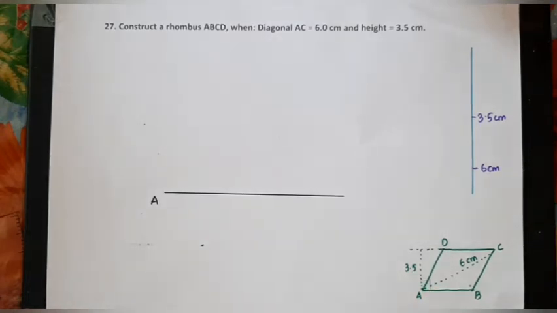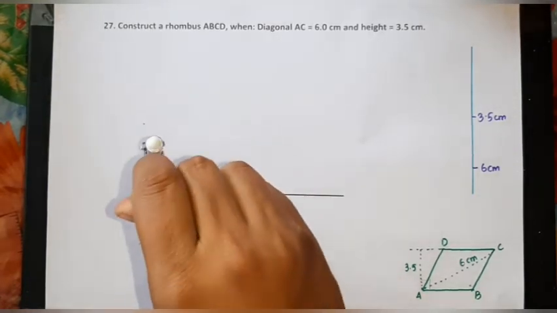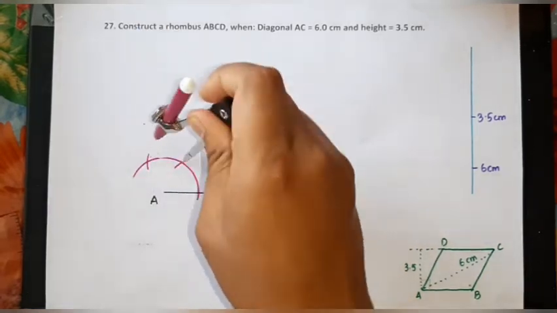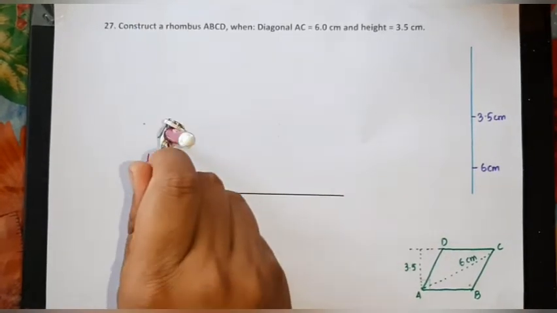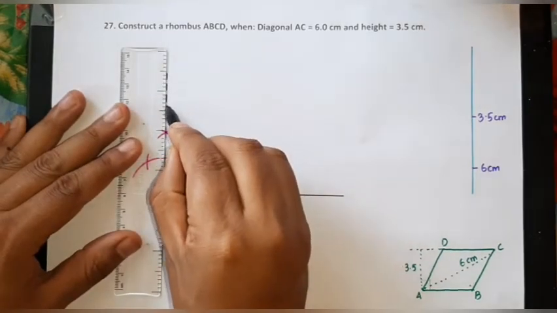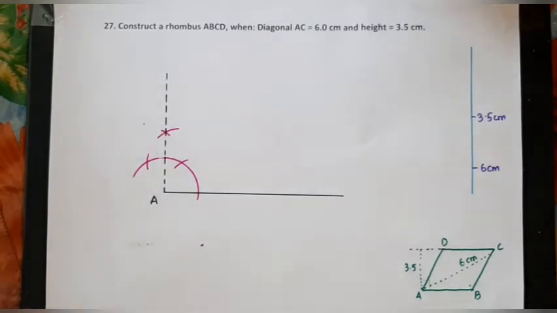So let us quickly draw a 90-degree angle at A. Okay, so this is my 90-degree ready with me.